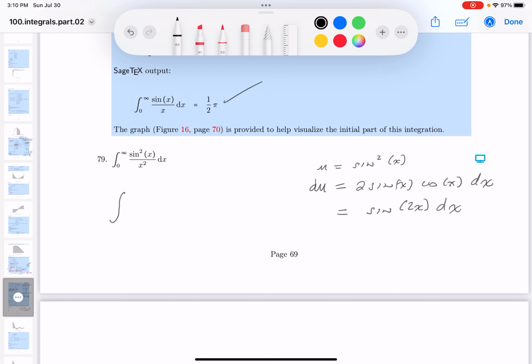And so I'm going to go from, let's see, let's just do the indefinite one first. I've got to be careful with this too, don't I?